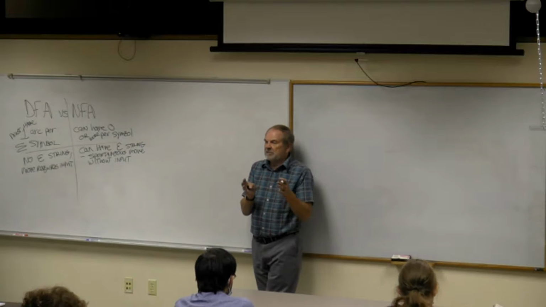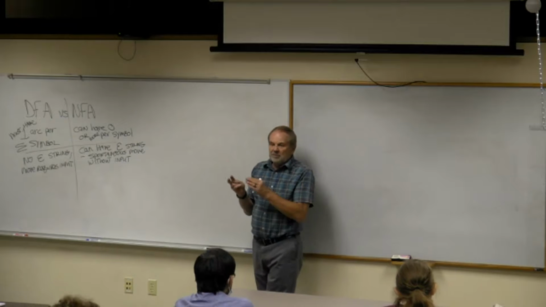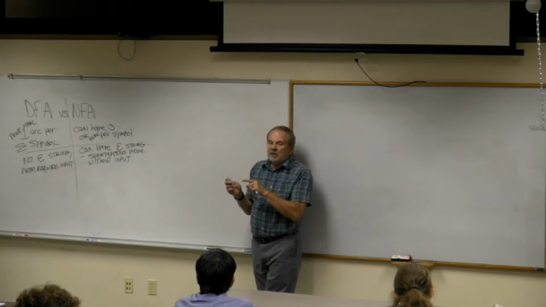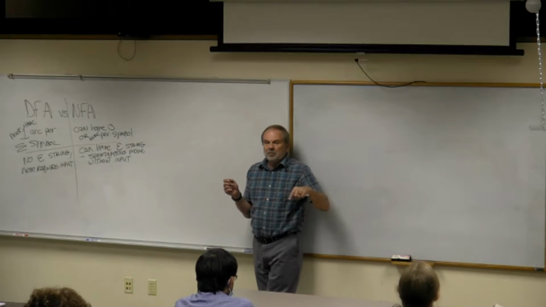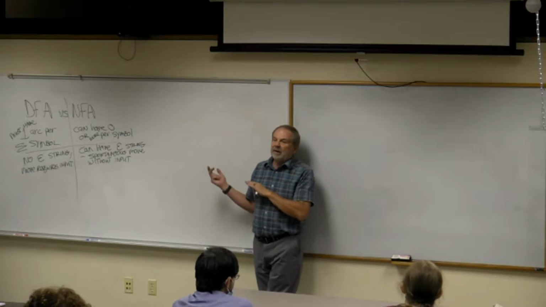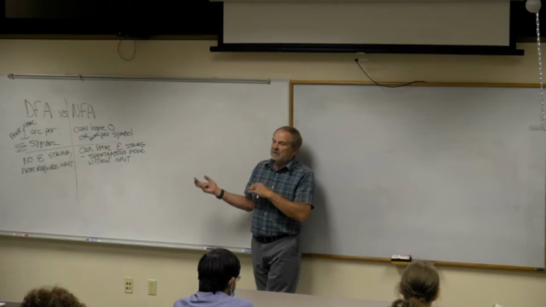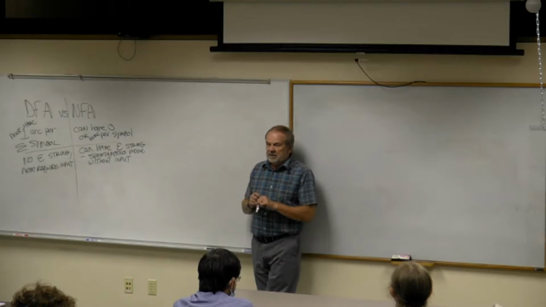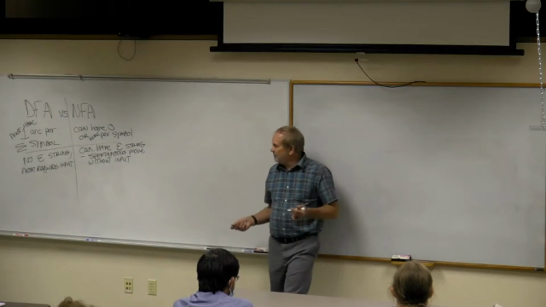There's never any choice, and it always has a move for each symbol. When it runs out of symbols, it says, where am I? If I'm in an accept state, accept. If I'm not, then reject. So it's very mechanical.